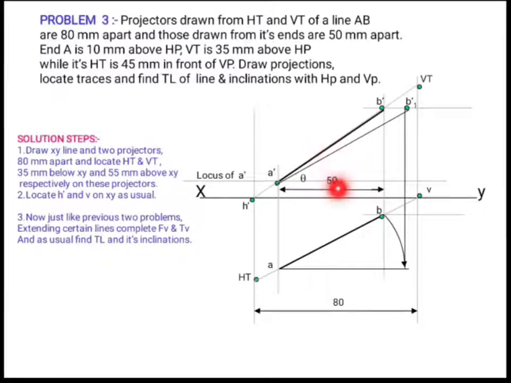The inclination of that line will be theta and the length of that line will be the true length. Similarly, you can mark the true length dimension on the plan side to get the point B1, and the corresponding inclination will be phi. Okay, now we have finished the problem.